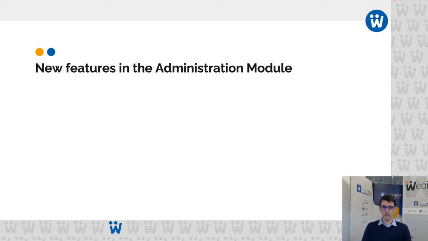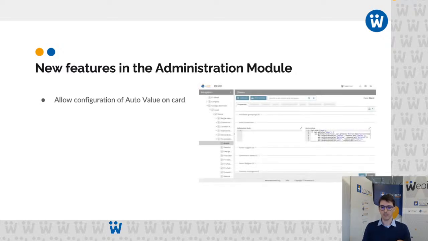Then in the administration module, we have added the possibility to configure the auto value on cards. You know that it was possible from version 3 of CMDBuild to configure auto values on the single attributes, and now from this version it is also possible to add auto value on a card.